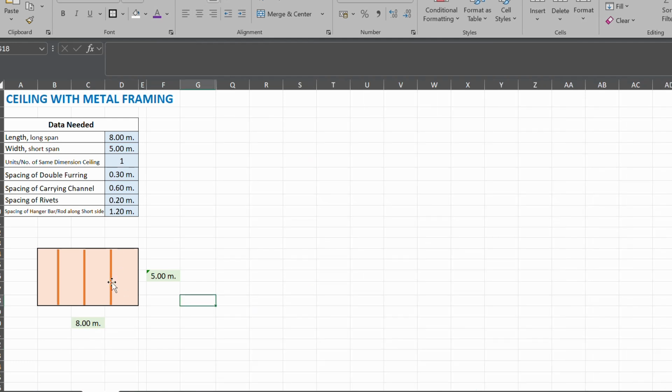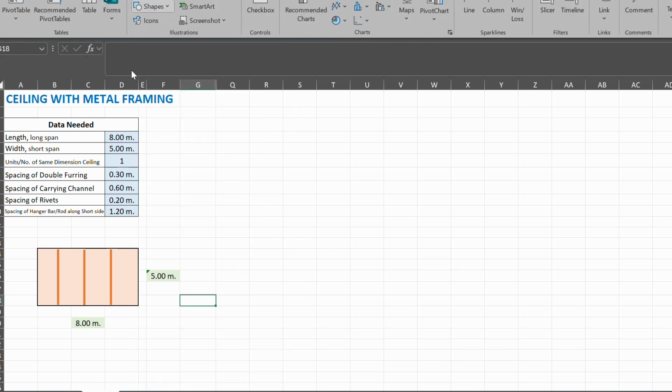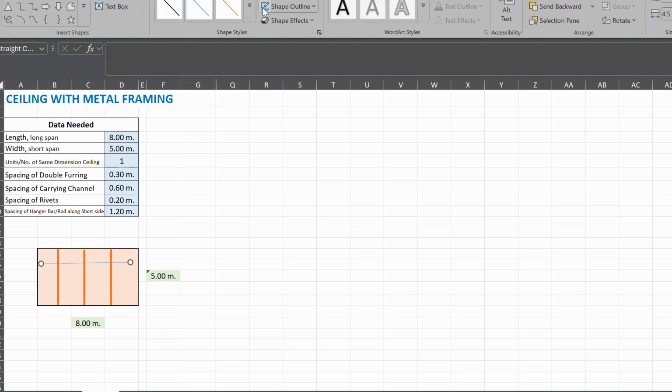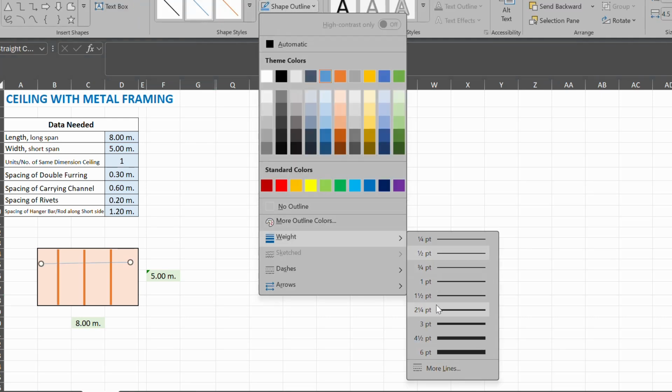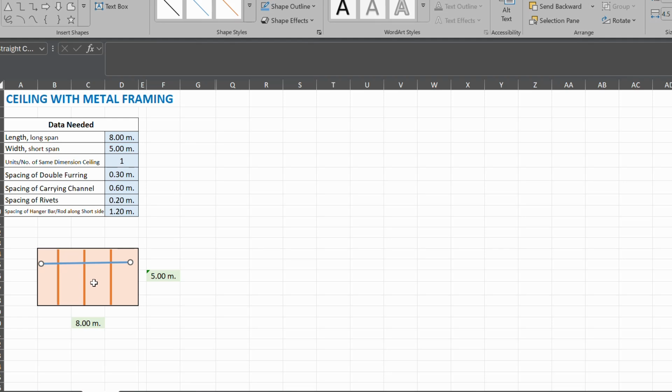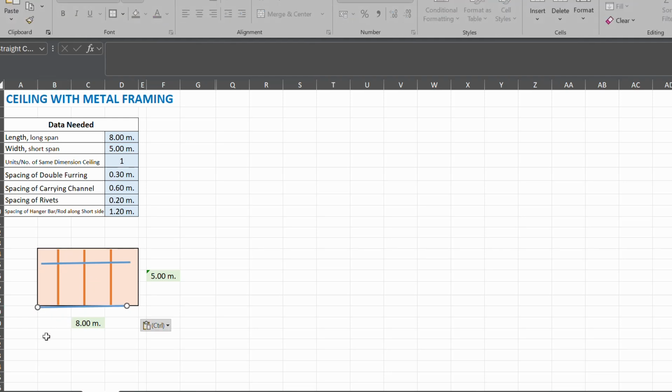And then the double furring should be placed along the longitudinal.